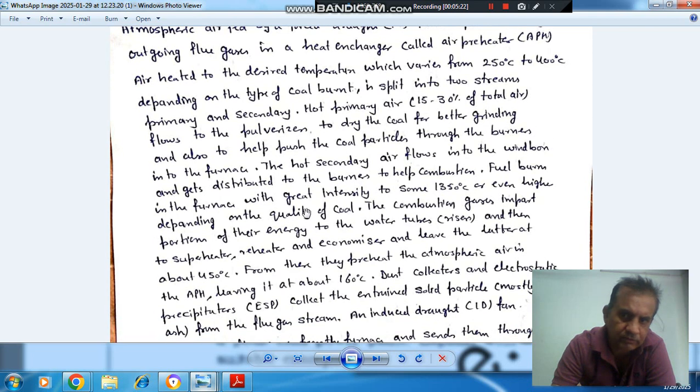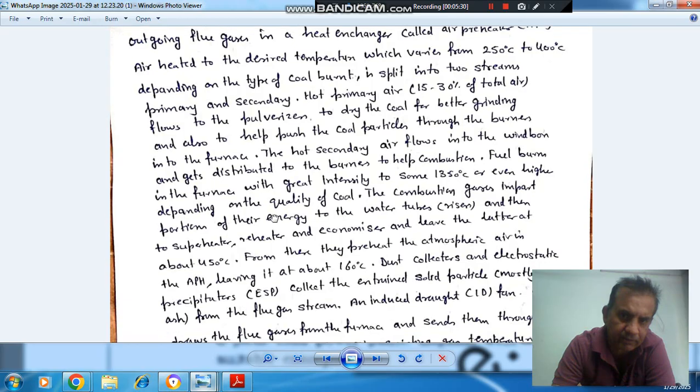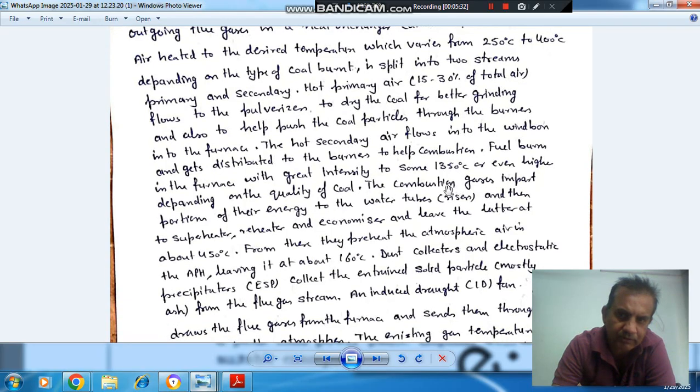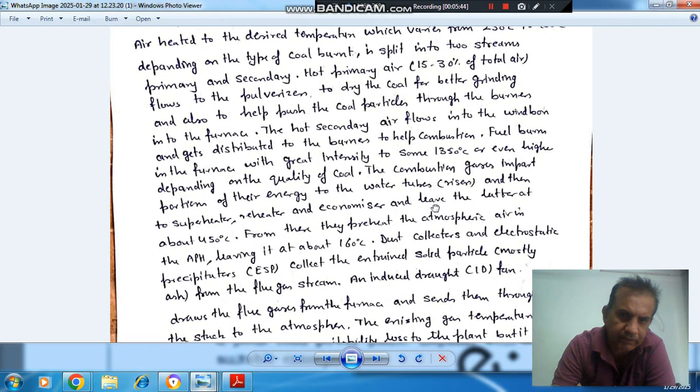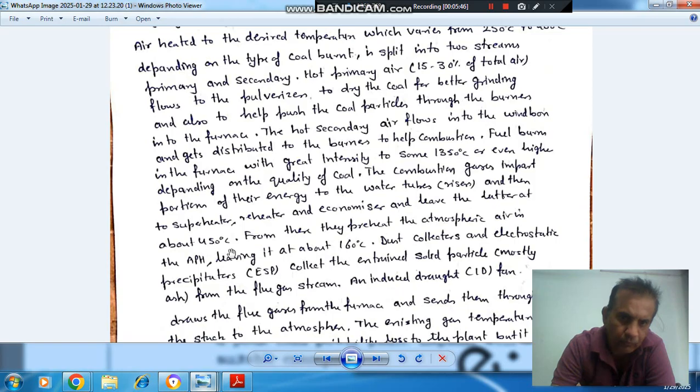The fuel burns in the furnace with great intensity to some 1350 degrees or even higher, depending upon the quality of coal. The combustion gases impart a portion of their energy to the water tubes, risers, and then to the superheater, reheater, and economizer, and leave the latter at 450 degrees.